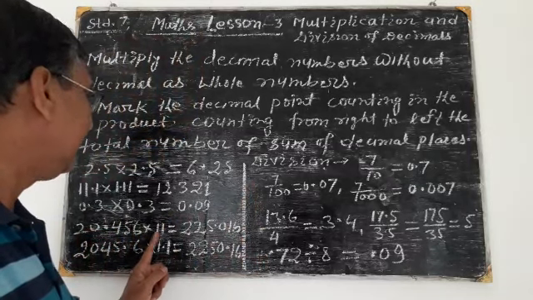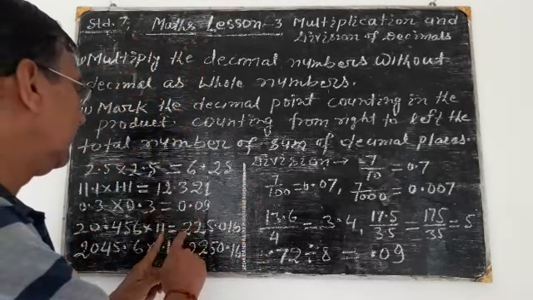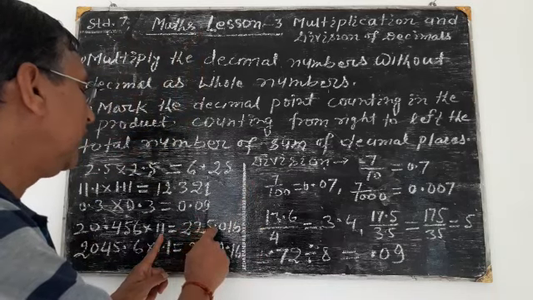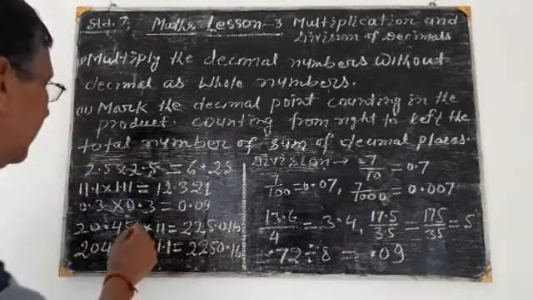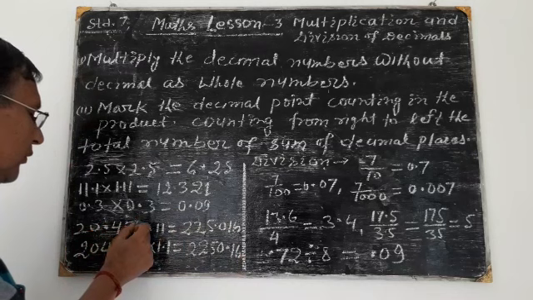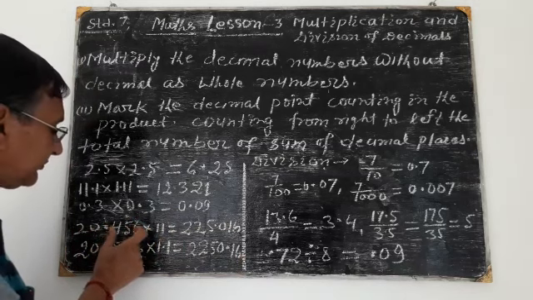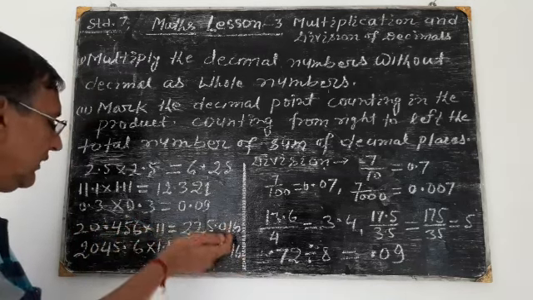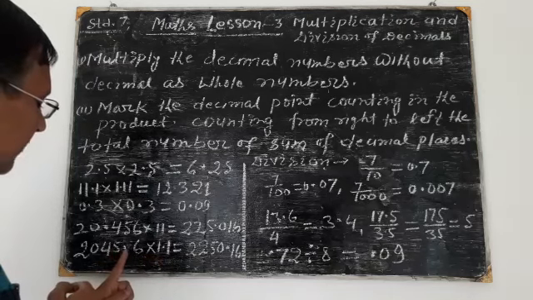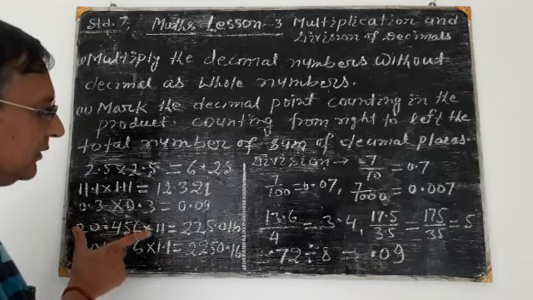Now this will make your concept more clear. 20.456 multiplied by 11. The result is 225.016, because in the first one three decimal places are available, 1, 2, 3. But in the second one, 0.6 and 0.1, two decimal places are available.